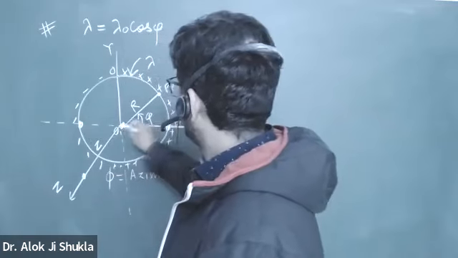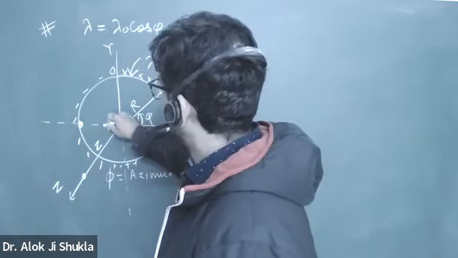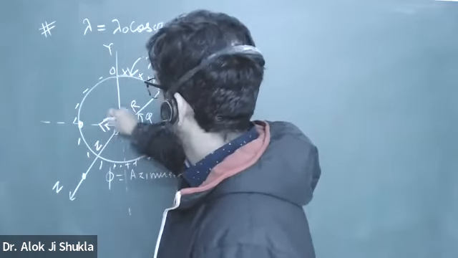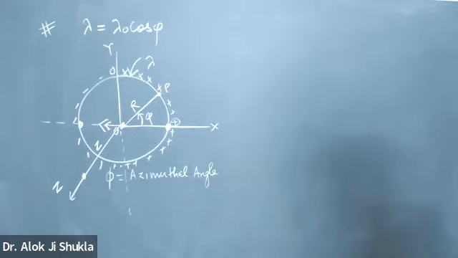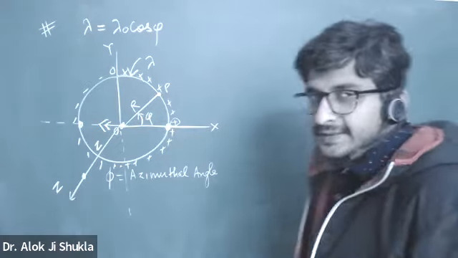So if you see by symmetry, if I take this total charge here and this total charge here, so electric field at the center will be outside because of positive and will be towards this. So net electric field will be in this direction. Can you see it by symmetry? Yes, sir. So that's why it is different.